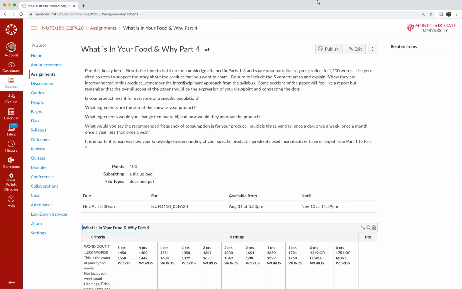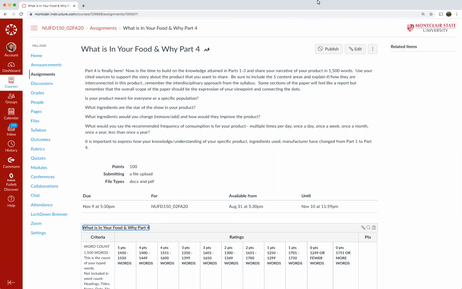So, some things to think about: is your product meant for everyone or a specific population? What ingredients are the star of the show in your product? So if something is marketed on the package, does it highlight that they have something or that they don't have something? Oftentimes you see this with high fructose corn syrup.